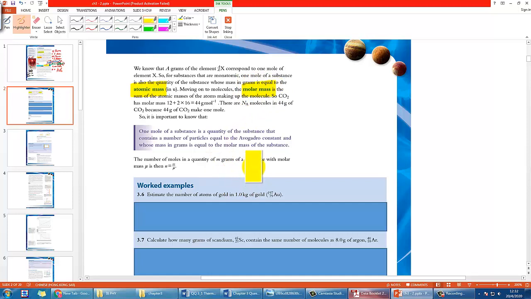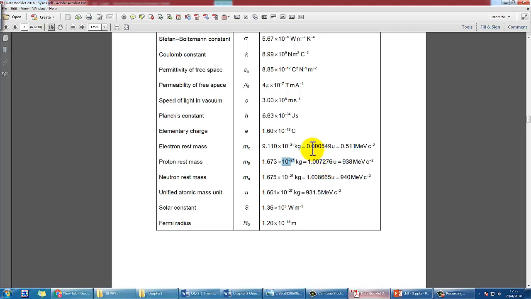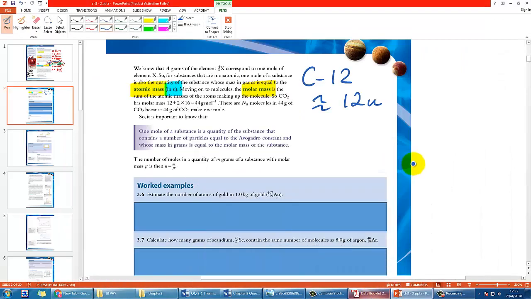When we talk about atomic mass in physics, usually it will be in U. For example, just now for carbon-12, we can say the atomic mass is roughly 12 U. And by the way, if you wonder what about the electron, you can see the electron is much more insignificant. It's about 1/1800 times for 1 electron compared to 1 proton or neutron. So that's why you can basically ignore that.